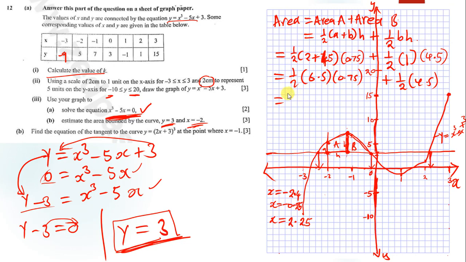When you multiply 6.5 times 0.75 and then divide by 2, you get 2.4375, if you are using a calculator. Then 4.5 divided by 2 gives you 2.25.